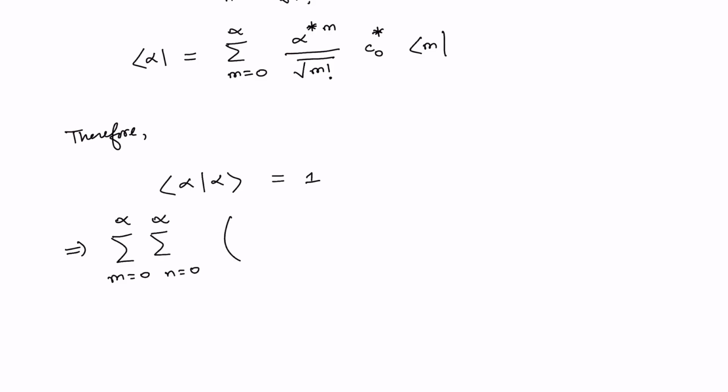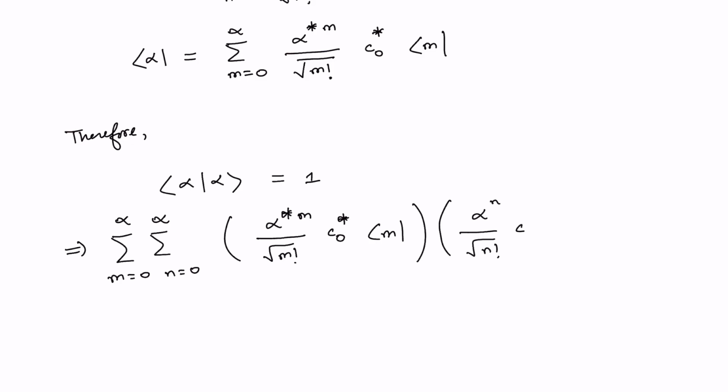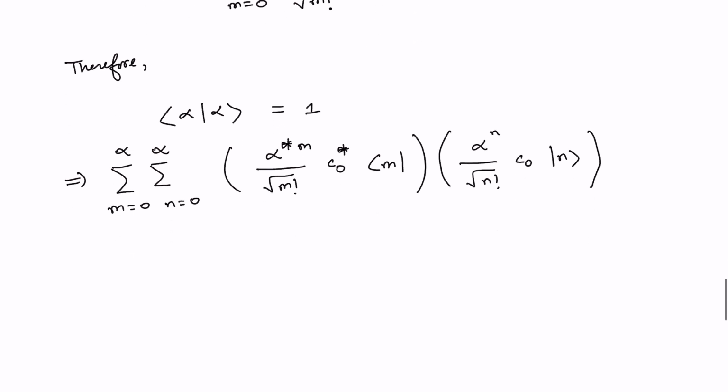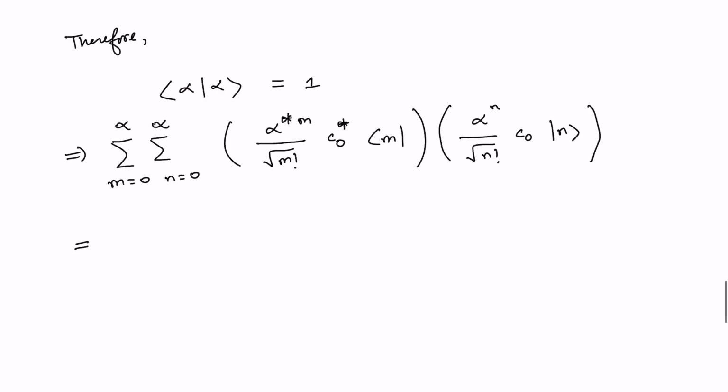Then I have alpha star m divided by root over m factorial C0 star. Let me write everything first, and then from the ket alpha part I have alpha to the power n divided by square root of n factorial C0 ket n, right? So this is what I have now, and this is equal to 1.